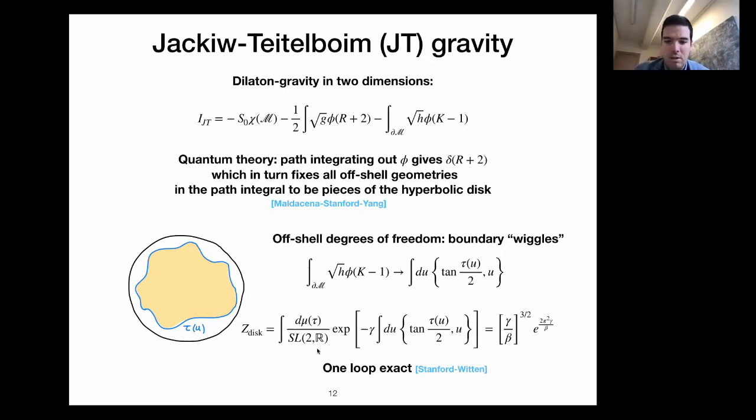That's a nice result by Stanford and Witten. And once you do the integral over these wiggles with the boundary condition of the proper length of this curve being fixed, you get a rather simple formula where beta is the temperature, so the length of this curve, and gamma is the boundary value of the dilaton.